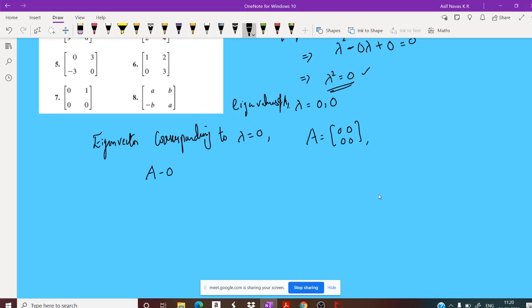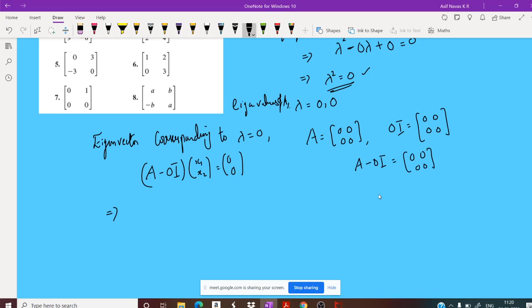A minus 0 I into x1, x2 is equal to 0, 0. What is A minus 0 I? 0 I is the zero matrix itself. So A minus 0 I is the 0 matrix, right?